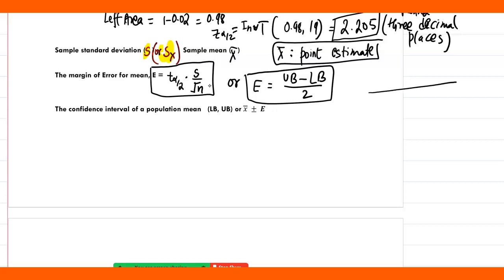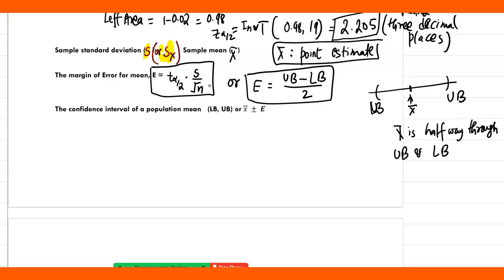The confidence interval is going to be two numbers, lower bound and upper bound, and this number in the middle is called x bar, the point estimate. x bar is halfway between upper bound and lower bound.